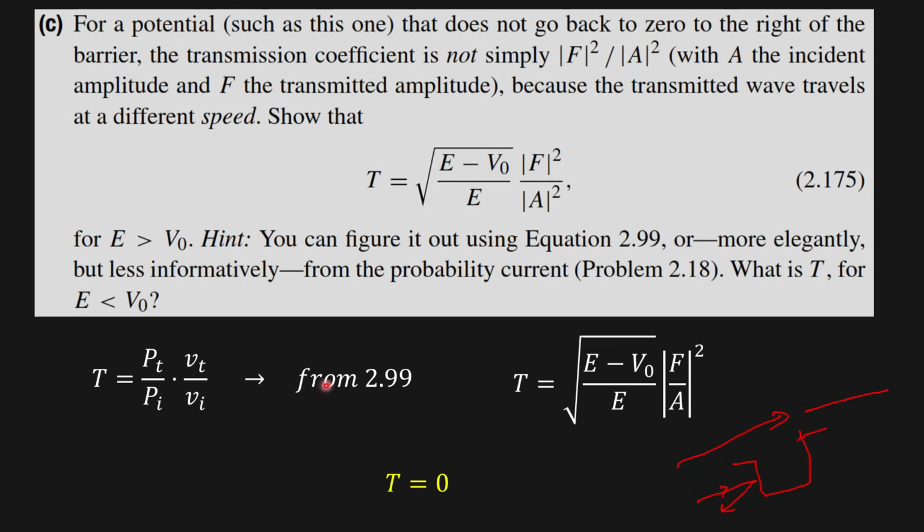This we got from equation 2.99. So the ratio of the transmitted velocity and incident velocity is, on the right side, the square root of E minus V naught over E.